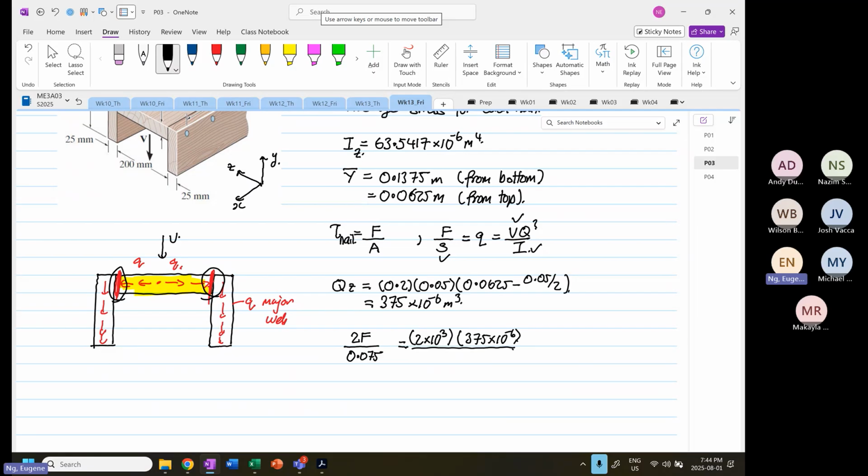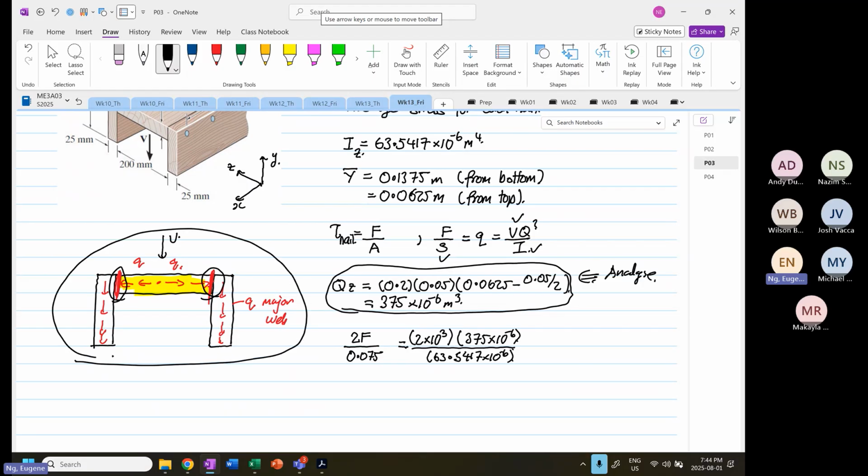Divided by the second moment of area. You realize that the formula is really easy. Can you see that? The formula is really straightforward. The problem is this: in order to do this, you have to analyze, and in order to analyze, you need to follow the rules that are specified.